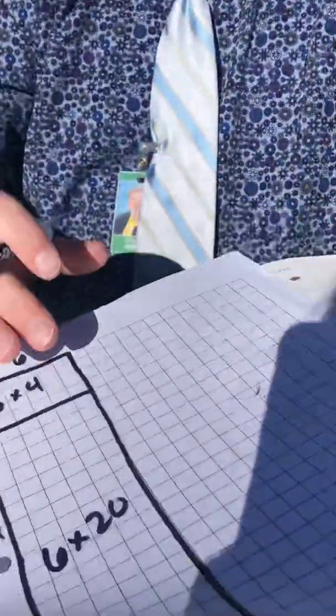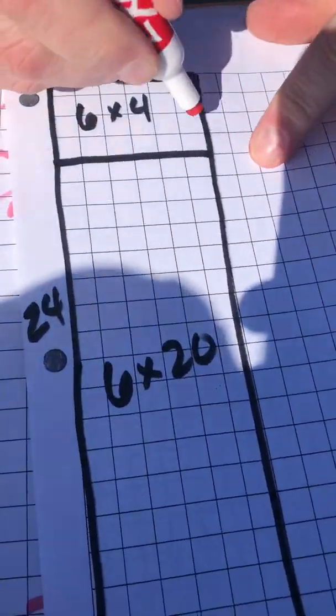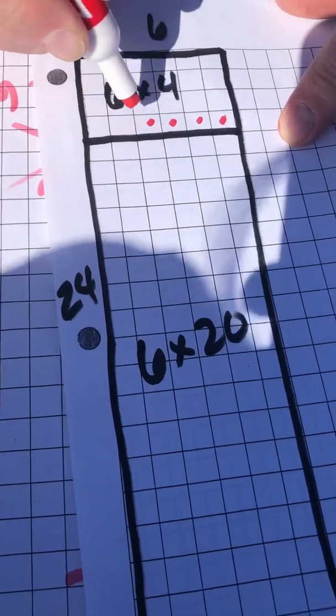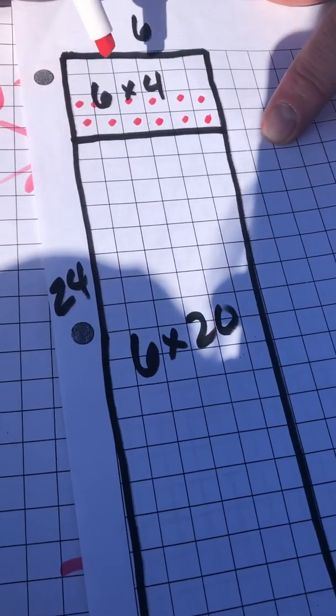So if you were to consider this as 6 times 24, each one of these individual dots are eggs, okay? And we go back to the exploring question, where what we're doing here is exploring 24 eggs times 6 trays.